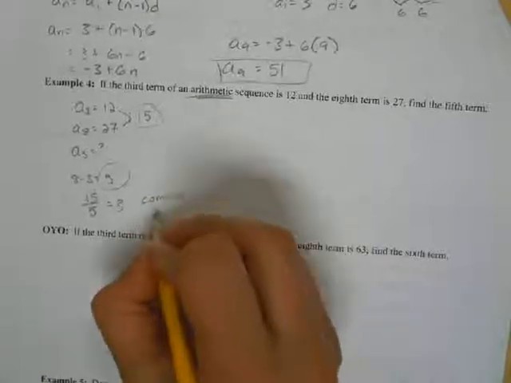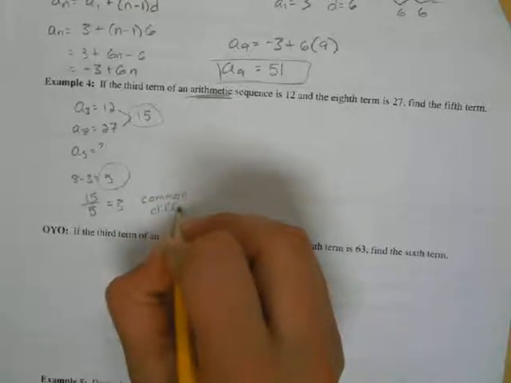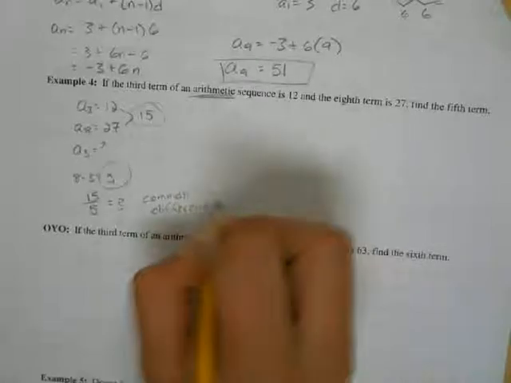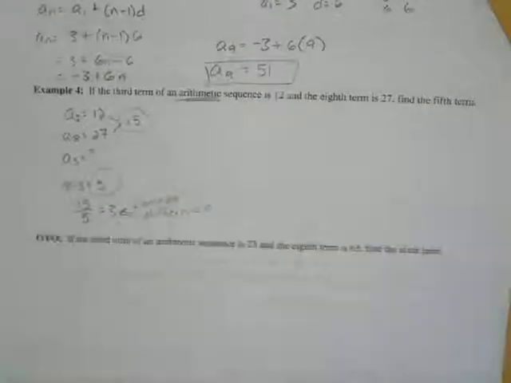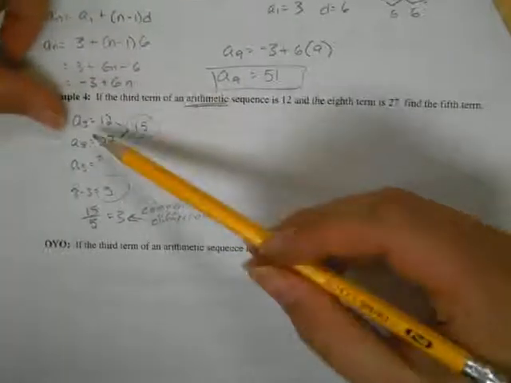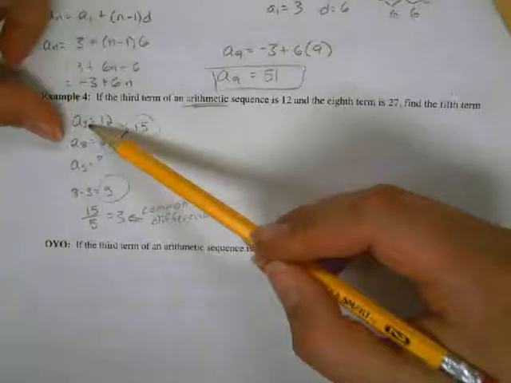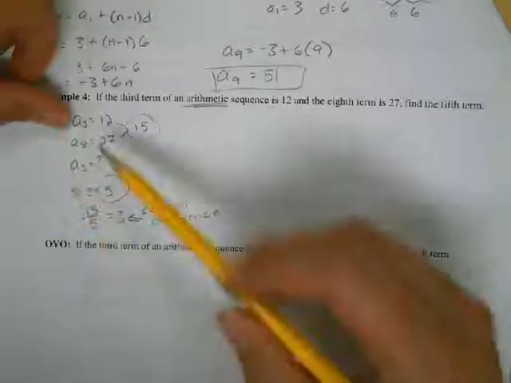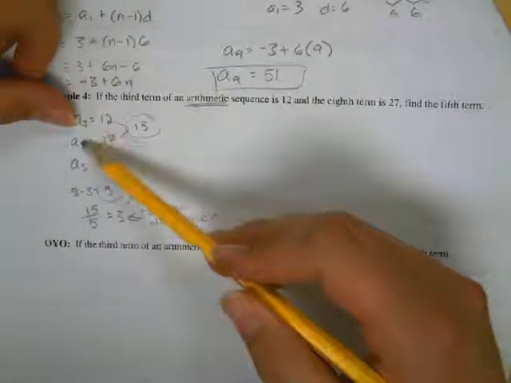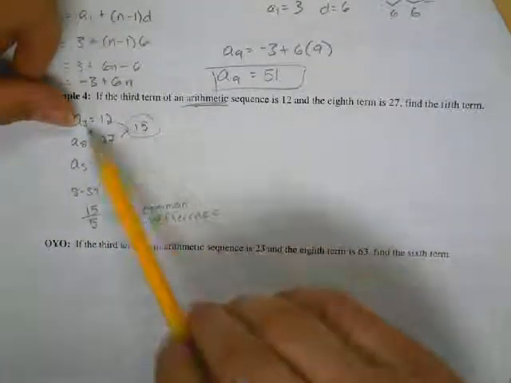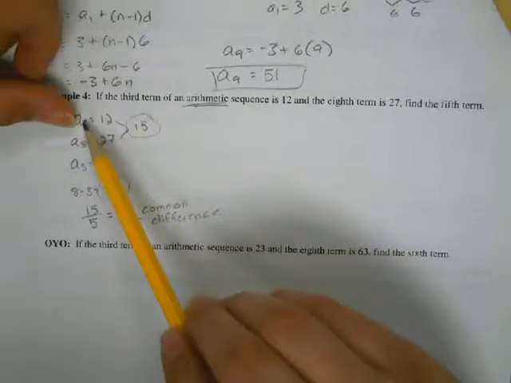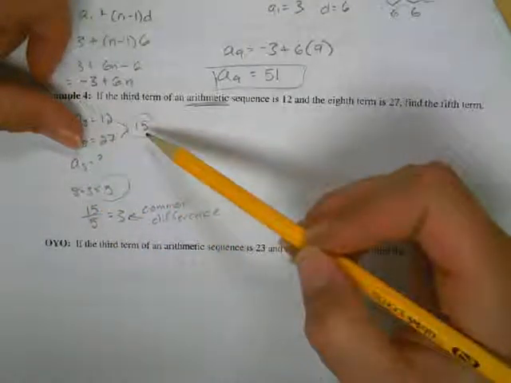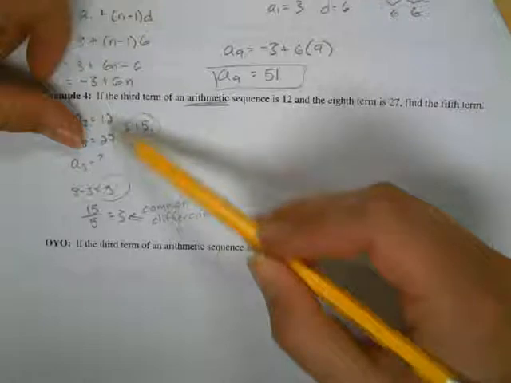I'll say that one more time. Give me just a second to write that down. So this is going to be my common difference. I found it first because I'm not looking at 3 and 4 or 4 and 5. I want to know the difference between each number, not across the whole thing. So from 3 to 8, there's a difference of 15, because 12 to 27 gives me 15.